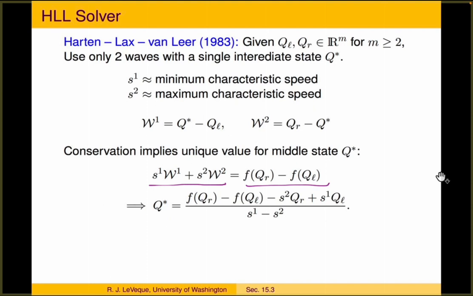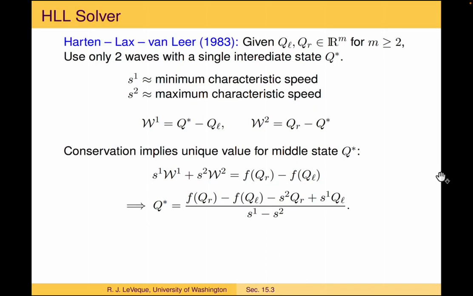As long as that's true, then you can use these two waves in the wave propagation form, and you'll get a conservative method. You can rewrite it in conservation form if you want. And once you impose that, then that gives a unique solution for what Q star is, provided S1 and S2 are different and the denominator is non-zero, there's a unique value Q star that gives us conservation.